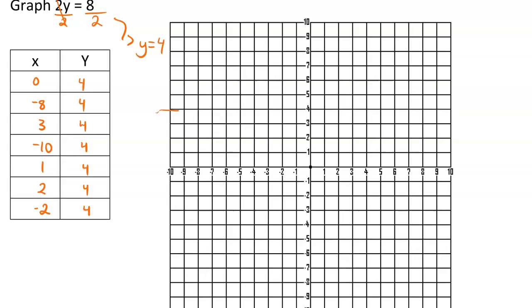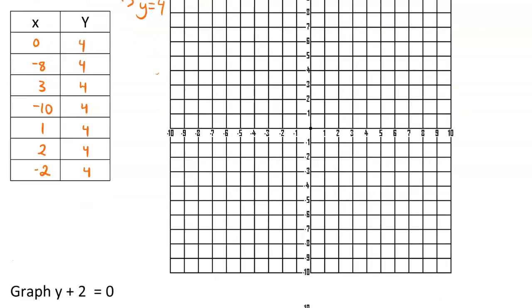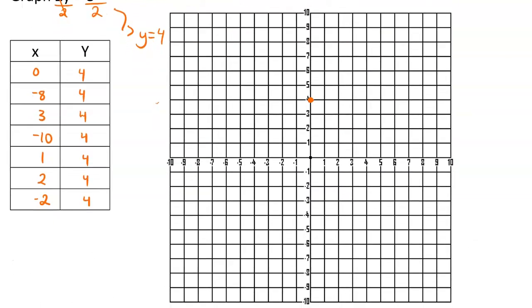I picked random points where x is 0 and y is 4, -8 and 4, 3 and 4, -10 and 4, 1 and 4, 2 and 4, and -2 and 4.